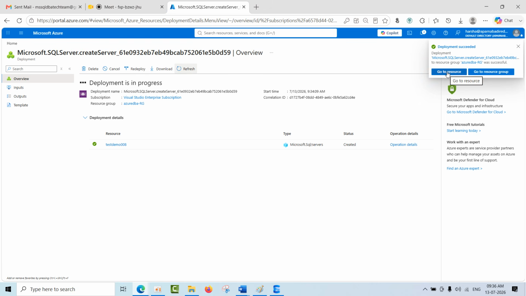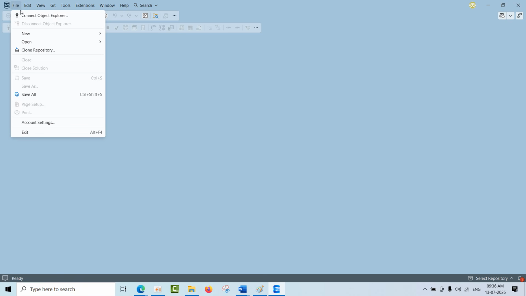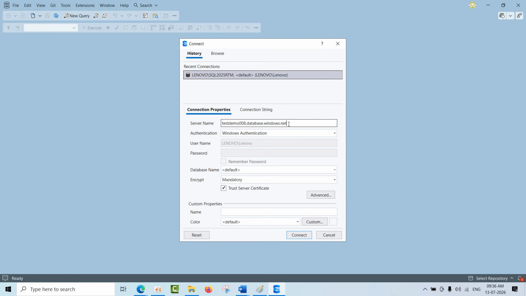Yeah, resource got deployed. So click on this one. Now this is your SQL server. From here, I need to copy the server name, testdemo008, and provide it here. Now we need to select authentication, Azure admin, with the username I have given.